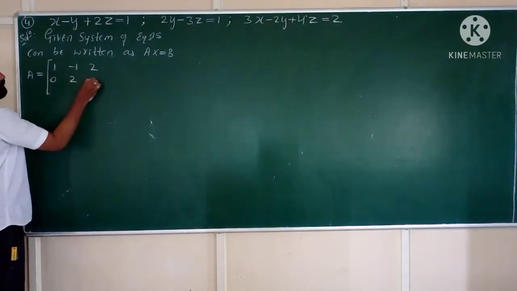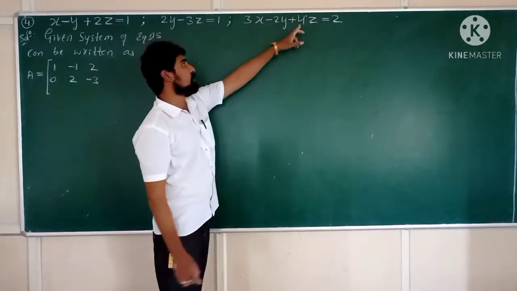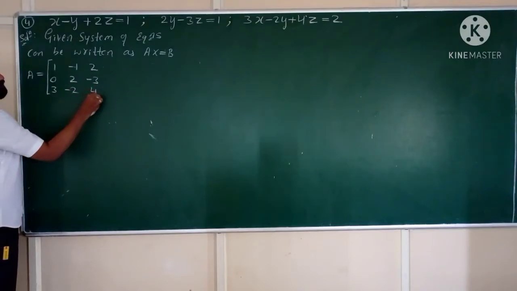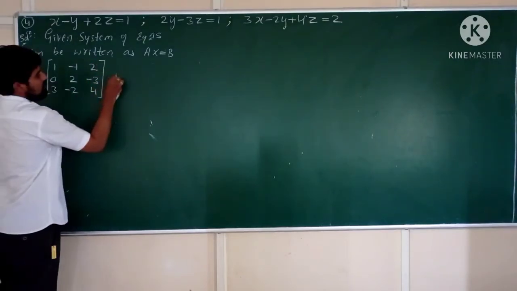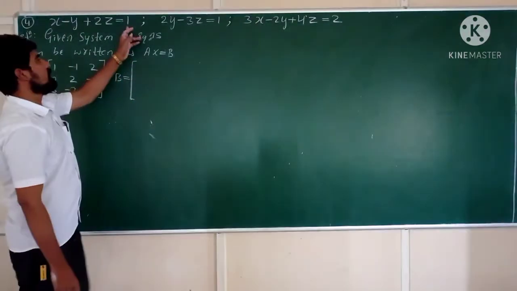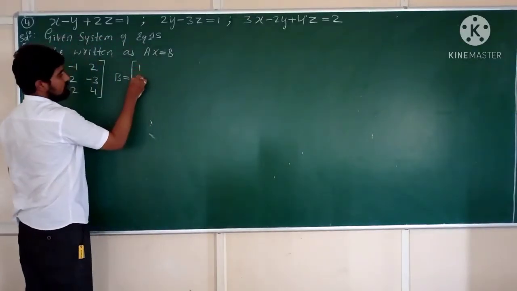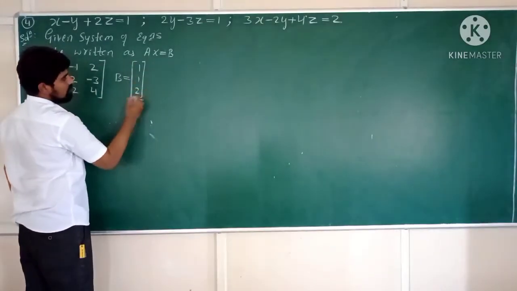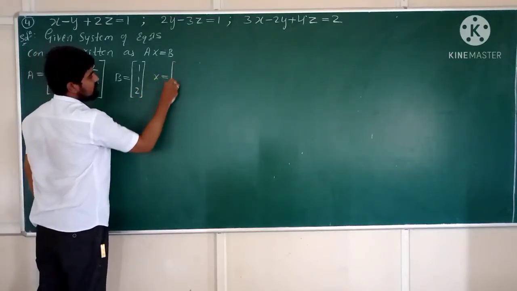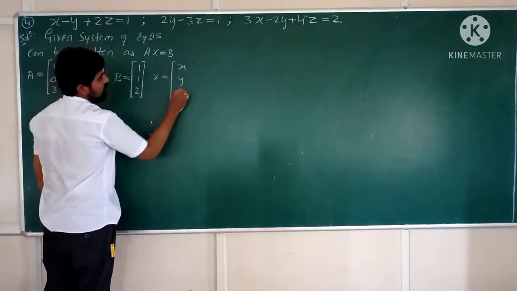And the third row is 3, minus 2, 4. And the matrix B is a column matrix which consists of the elements 1, 1, 2. And X is an unknown column matrix which consists of the elements x, y, z.